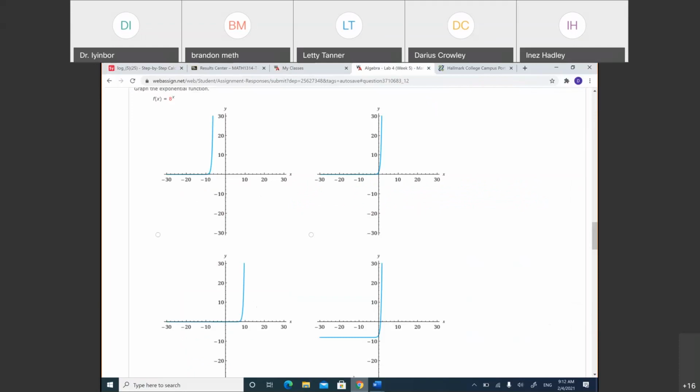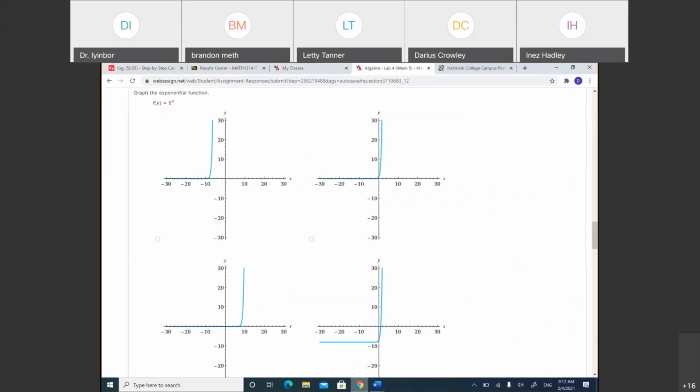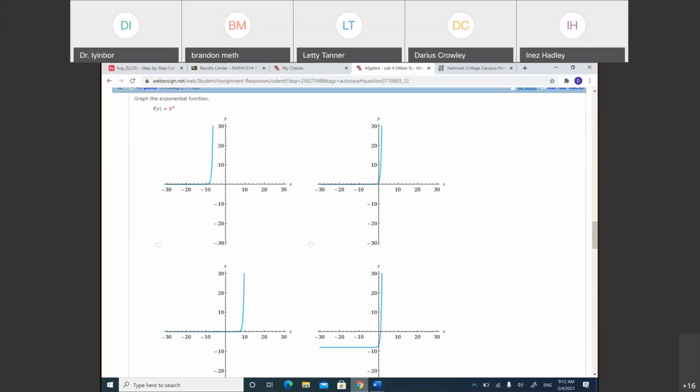Now here, I want to go over this first. Number 12, they give me 4 different graphs and they want me to find the graph of the exponential function. The graph of an exponential function is a really fast increasing function.